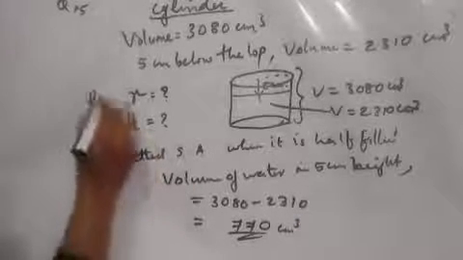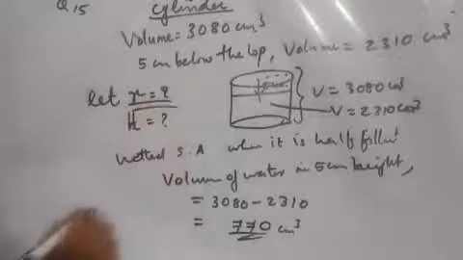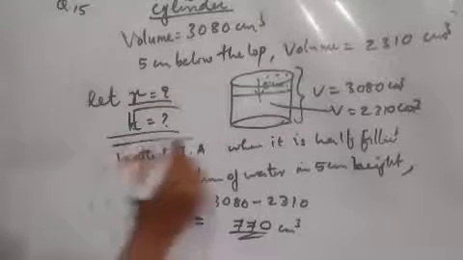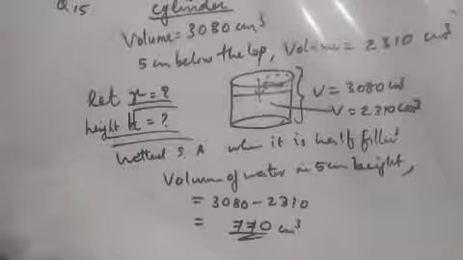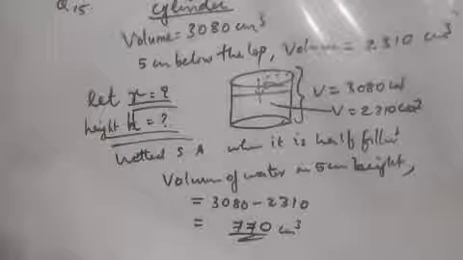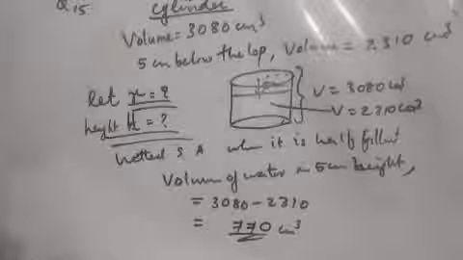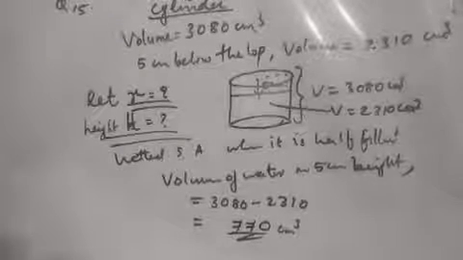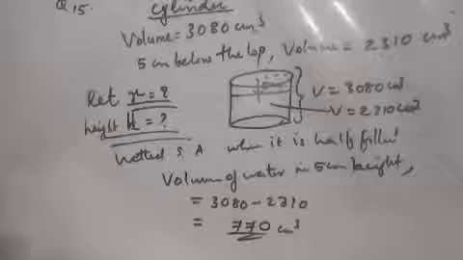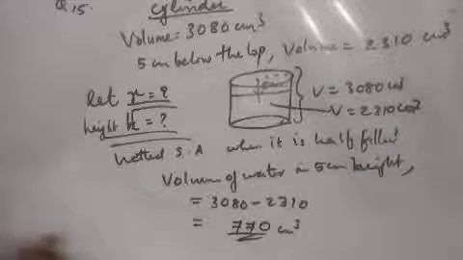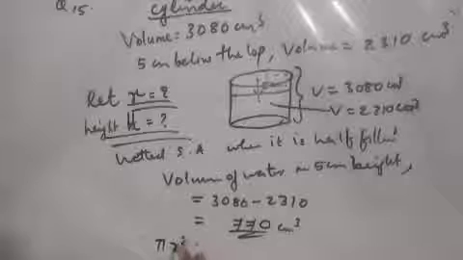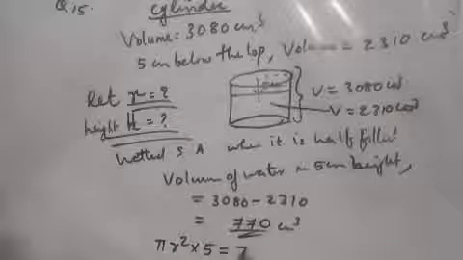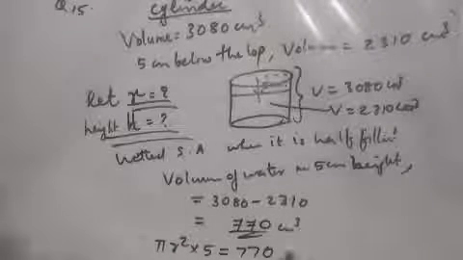Okay. So what is the volume of the cylinder? The water is in the form of a cylinder. So pi r square h is the volume of a cylinder. Here we took radius as r and height as h. So we can equate the 770 centimeter cube with the equation pi r square h. h is given as 5 centimeter.